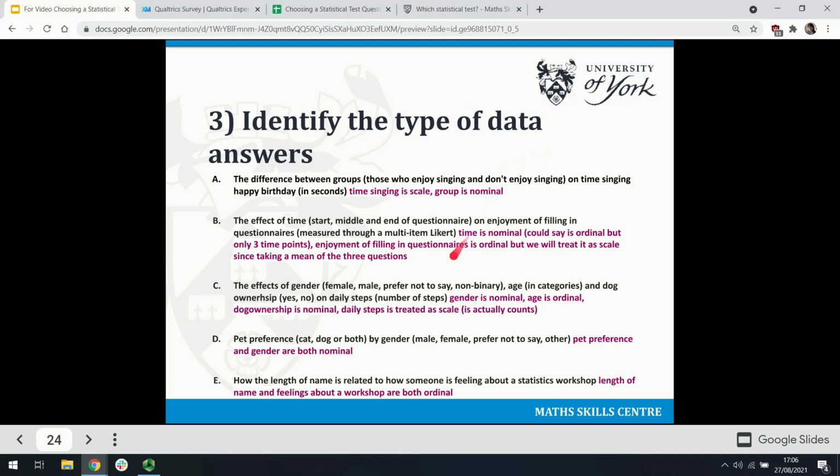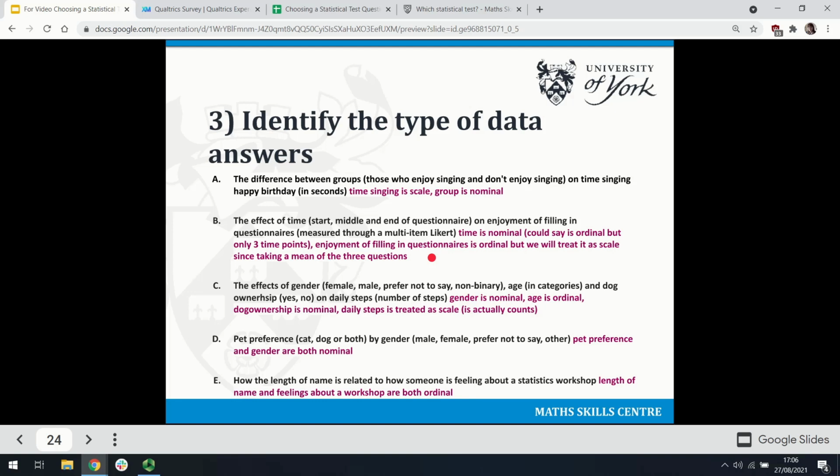We've already done the first one. The second one, we asked people to fill in these questions at the start, middle, and end of the questionnaire. So start, middle, end, that's a categorical type of data. Now, I'm going to say that that's nominal. You might have said that it's ordinal because start, middle, end has a logical order.